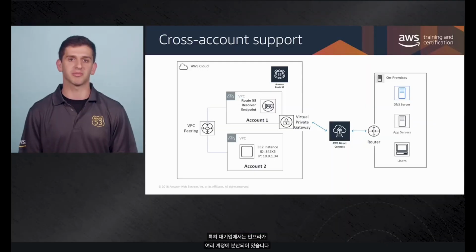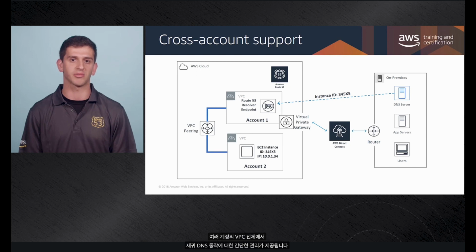Route 53 resolver endpoints can be reused across multiple VPCs in AWS regions and can be shared across AWS accounts. Large enterprises in particular have their infrastructure spread over multiple accounts. Route 53 resolver offers simple management of recursive DNS behavior across multiple accounts VPCs by means of a VPC peering connection.